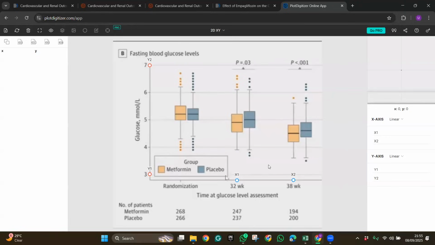Please pay close attention, okay? This line, do you guys see this line? This black line? This is the mean. And how do I know this is the mean? It was written in the caption, the caption which was written along with this graph. It specified that this central line was the mean.